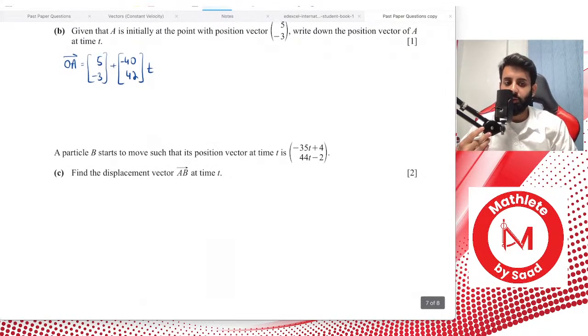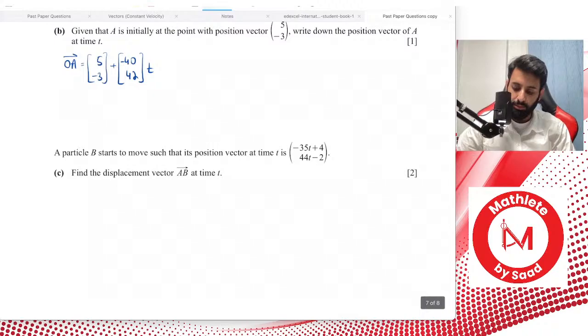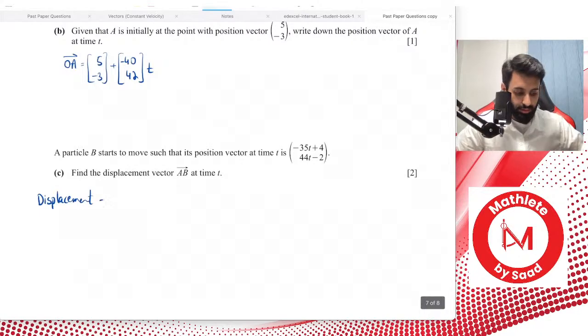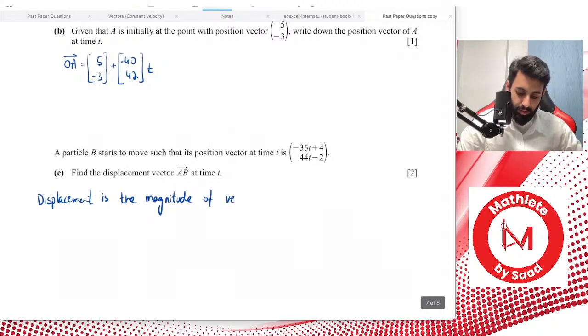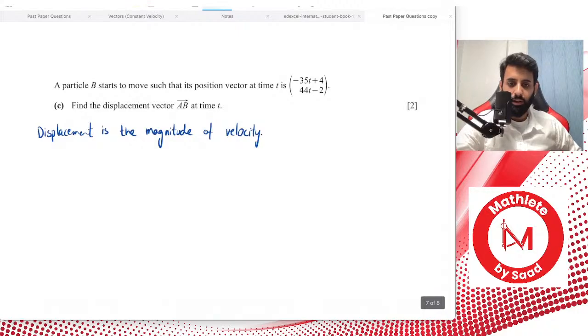So if you have the velocity, how do you find the displacement? Let's see. Displacement is the magnitude of velocity. There you go. No, we're not talking about integration and all that.